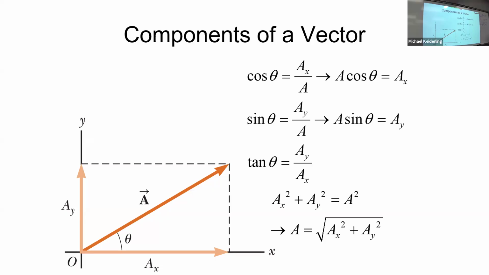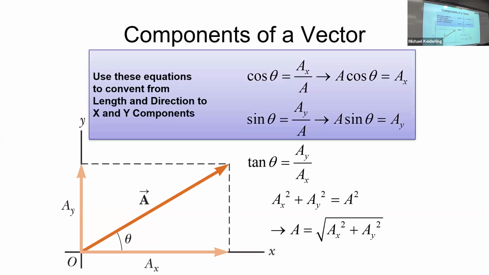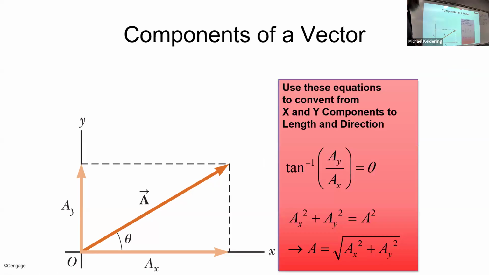And the tangent of theta is a_y over a_x. So if you're going from length and direction to x and y components, you'll use these equations. And if you're going from x and y components to length and direction, you'll use these equations.